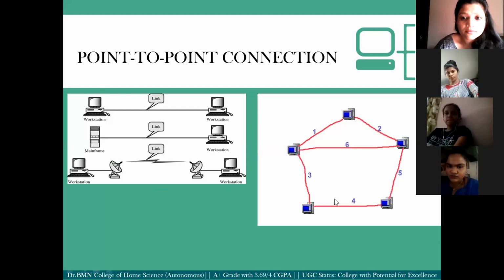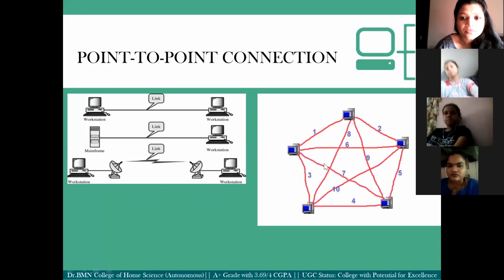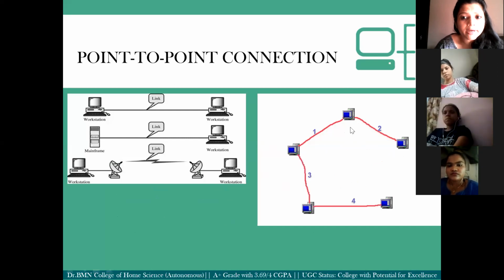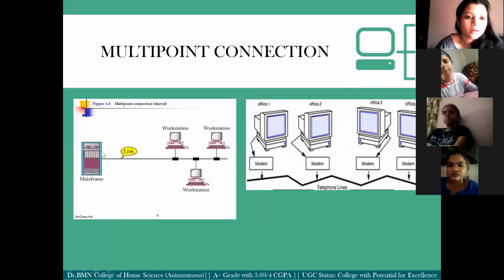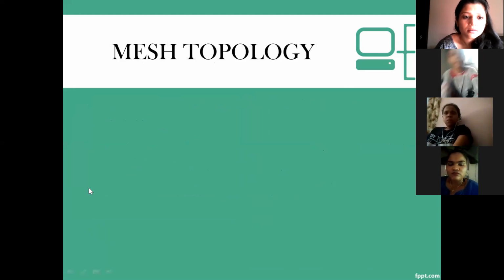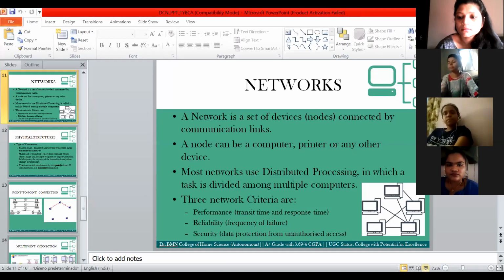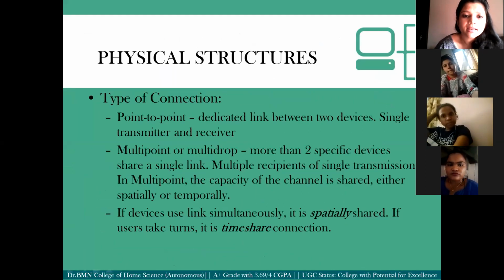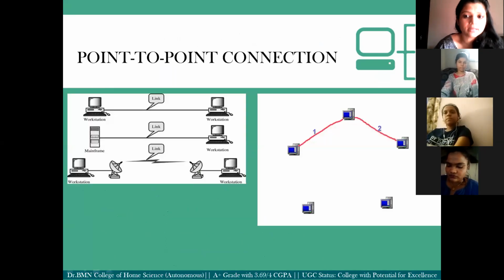Can you see the file here on the right hand side? This is a point to point connection. Point to point connection means there is a dedicated channel between the two devices. There are two devices and there is only one wire connecting those two devices.